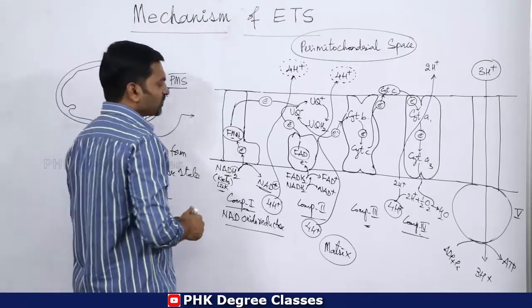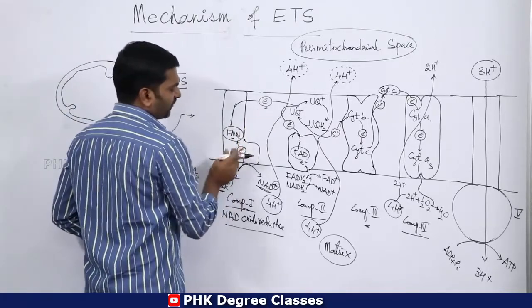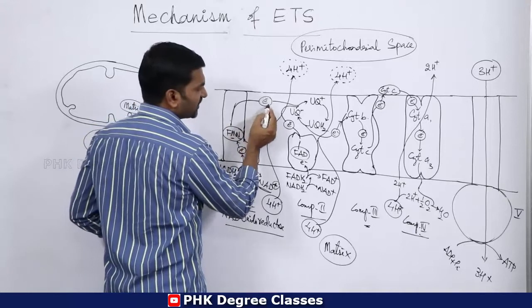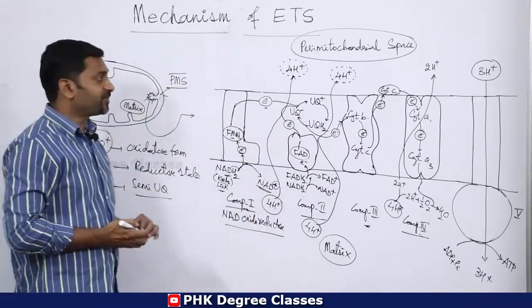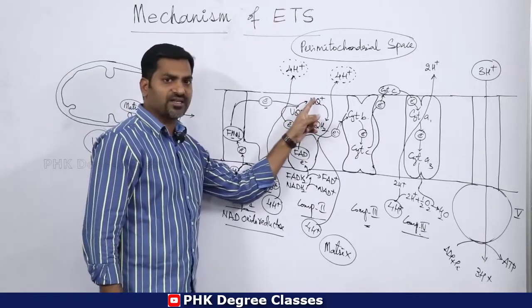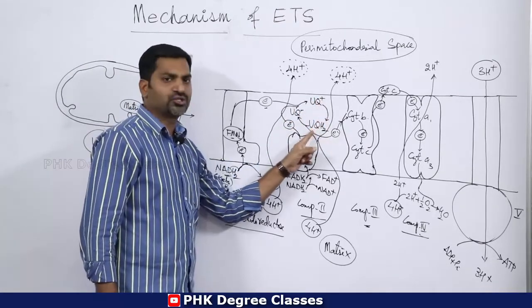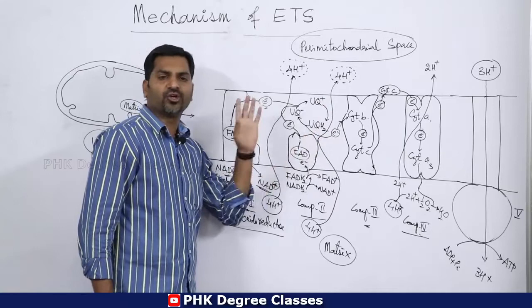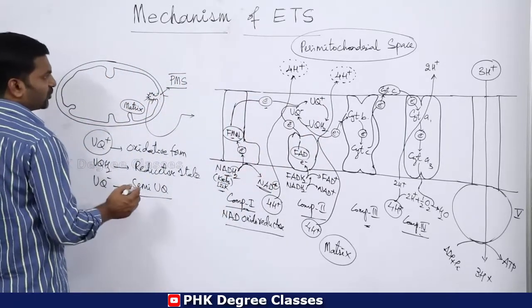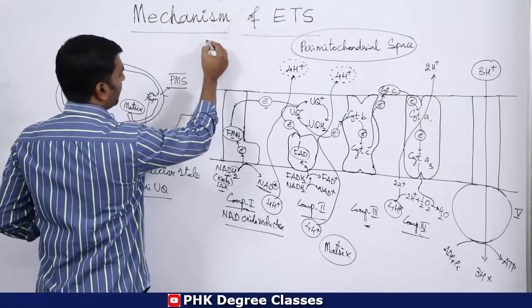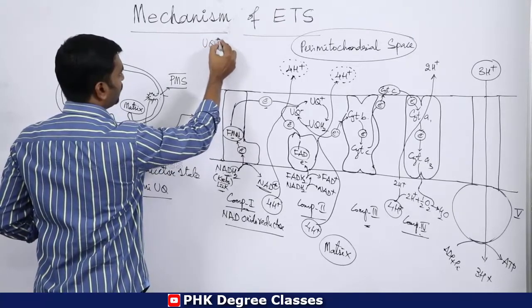Clear? So now the electron from complex 1 reaches ubiquinone. Whenever the electron reaches this ubiquinone in the oxidized state, it will become the reduced form of ubiquinone. For example, this is UQ plus.